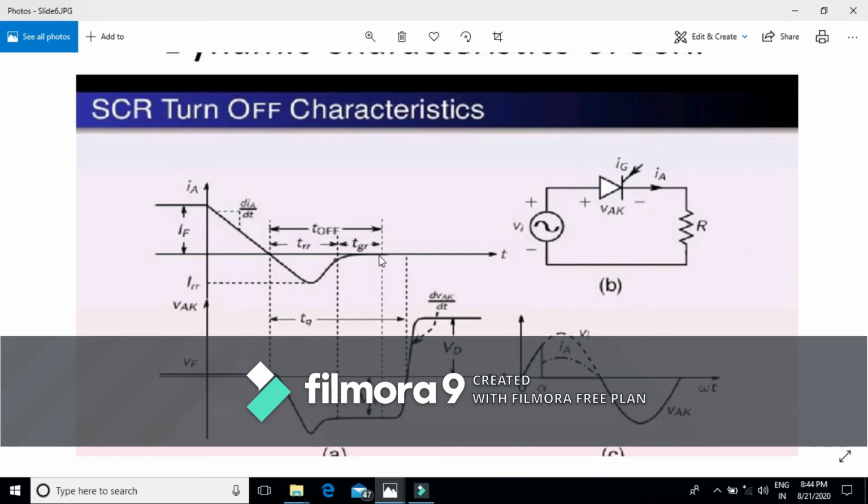This turn off time can be decreased with an increase in the magnitude of the reverse voltage. This is because high reverse voltage sucks the carriers out of the junctions J1 and J3 at a faster rate. This turn off time is applicable to an individual SCR, while in a practical circuit, thyristors form a part of the power circuit.